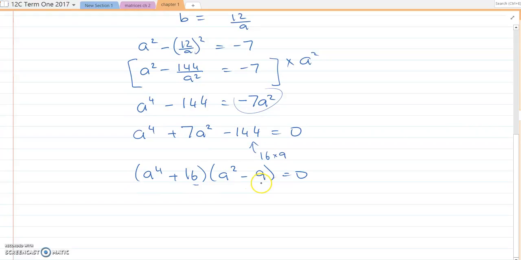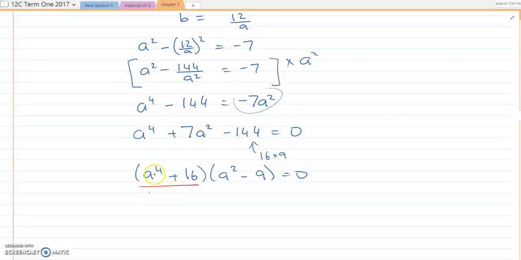Alright, so we could go on and factorize this as we've been doing, where we'd get two answers here and two answers there. But we actually are not going to use these two answers here. If you want to pause for a minute and think about why that is, and then replay. You paused? Good. The reason we don't use these is because this will give you a complex number.